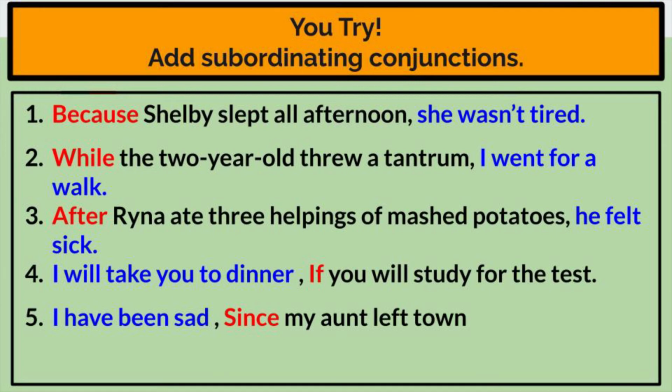I will take you to dinner if you will study for the test. I have been sad since my aunt left town. Now I'm sure you notice that in the last 2 sentences, I added something in the beginning of the sentence. It really doesn't matter as long as you have one independent clause and one dependent clause joined by a conjunction.